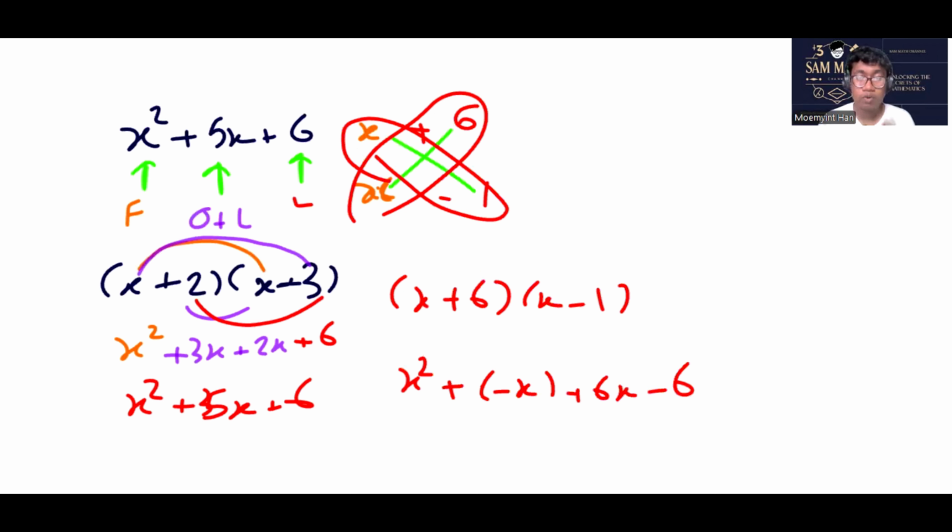So you can see here, minus 1 and minus 6 multiplying together doesn't make positive 6, isn't it? It doesn't work that way. You can make it into 5x, of course, but the last part becomes minus 6. It doesn't work.